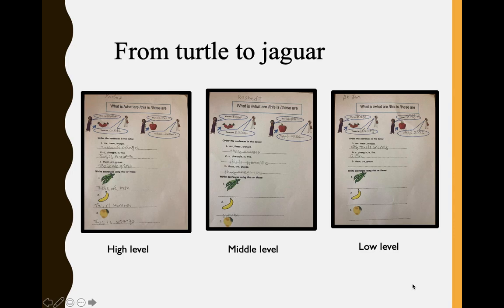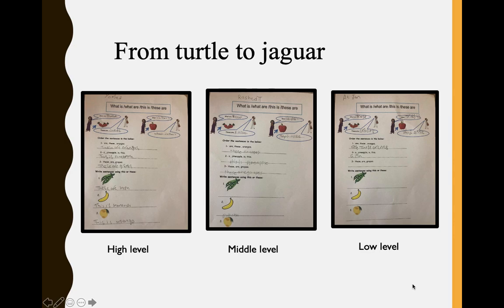So I did it, then I got three examples. For the high level, the student was able to answer all questions, despite some mistakes in grammar and spelling.